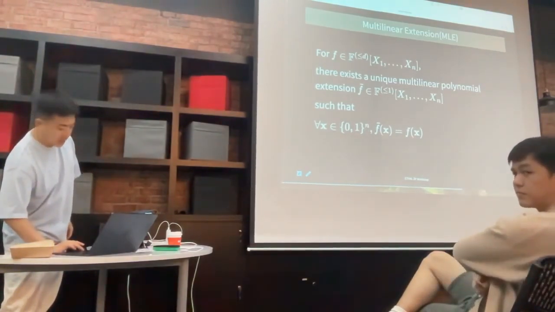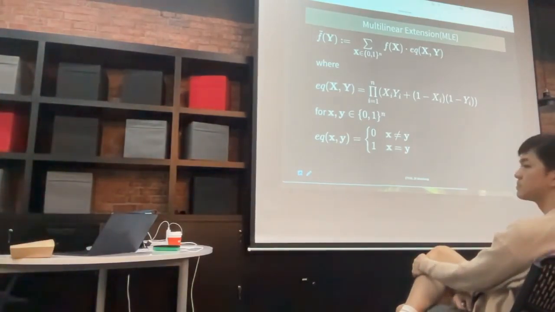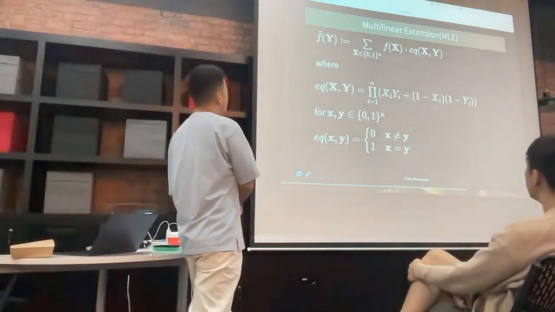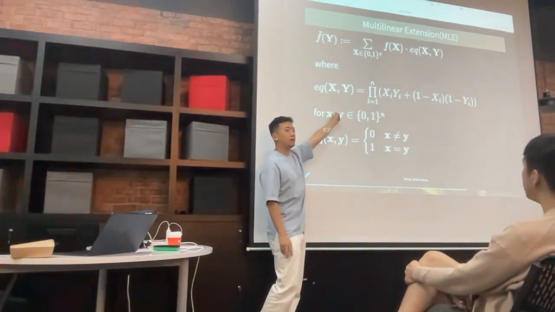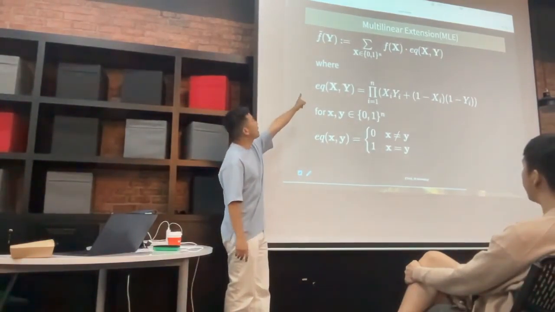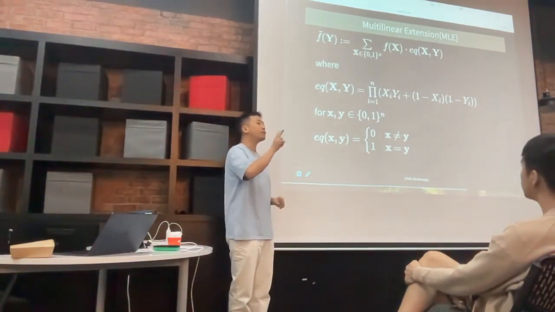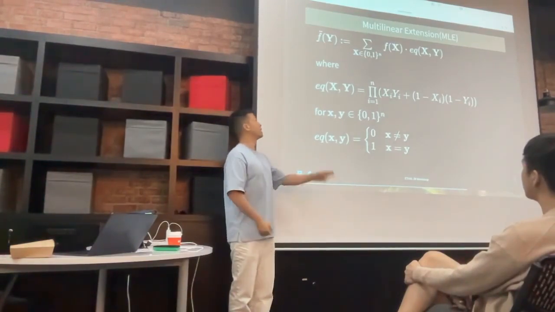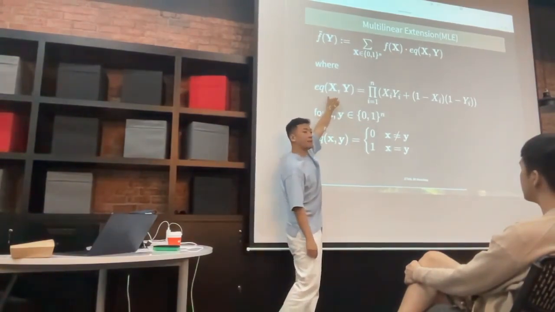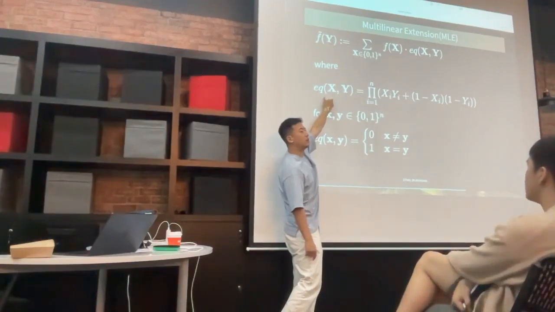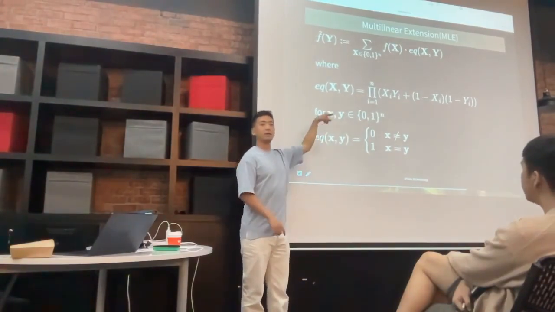And here is how to make the multilinear extension in an easier way. We can define some special polynomial. If f is an n-variate polynomial, we can define a 2n-variate polynomial, EQ. The first n variables we name x, and for the later part, let's denote them as y.